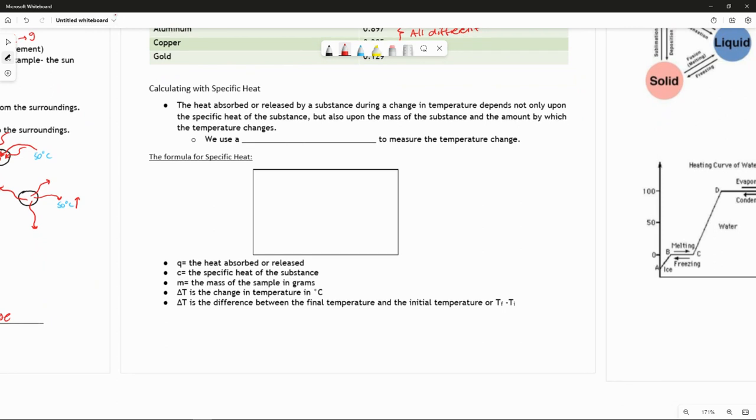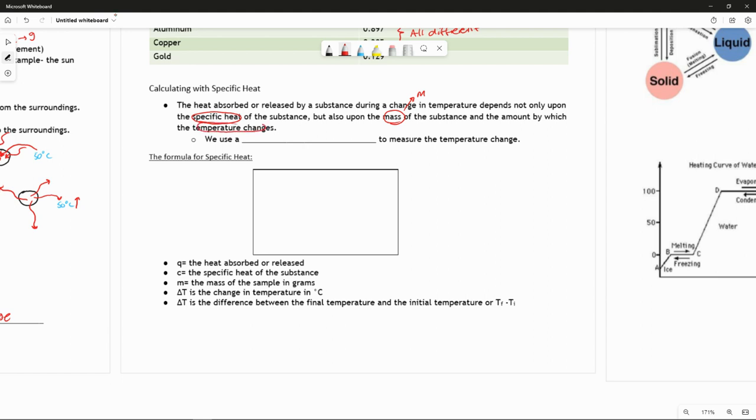The heat absorbed or released by a substance during a change in temperature depends not only upon the specific heat of the substance, but also upon the mass, m, of the substance and the amount by which the temperature changes.